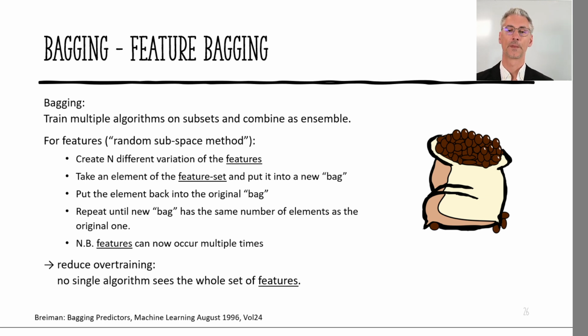You can see that the approach for features and data are exactly the same, it's just that we do it on different things, right? And again, this reduces overtraining because no single algorithm sees the whole set of features. We have two approaches where no algorithm in our ensemble sees the whole set of data and no algorithm in our ensemble sees the whole feature set.